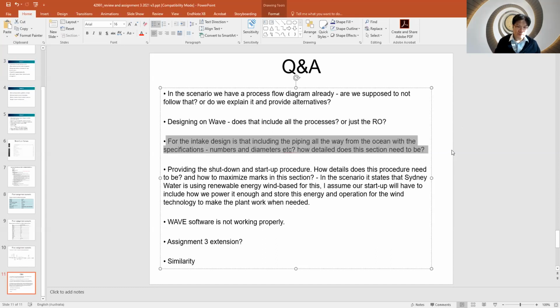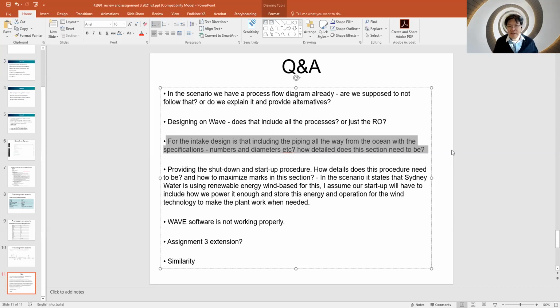And the next question is, for the intake design, does that include the piping all the way from the ocean with the specification, numbers, diameters, etc.? How detailed does this section need to be?